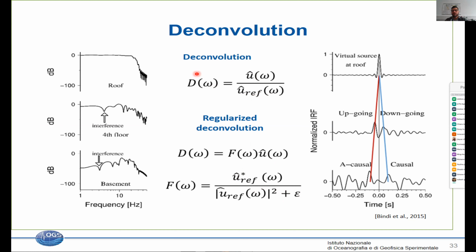So this is the Fourier spectrum of the spectral ratio, but it's complex. To have the equivalent of what we have seen before, we should calculate the modulus.